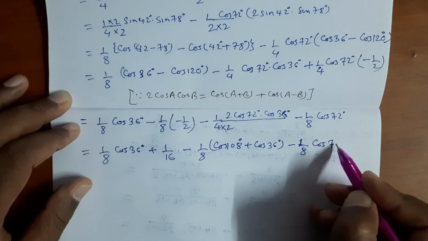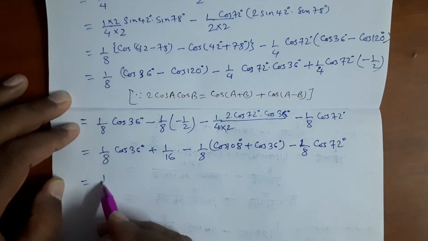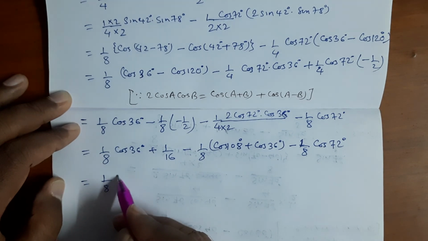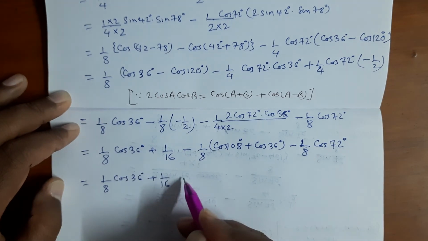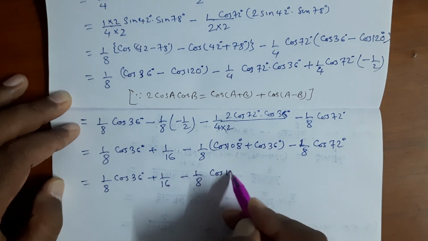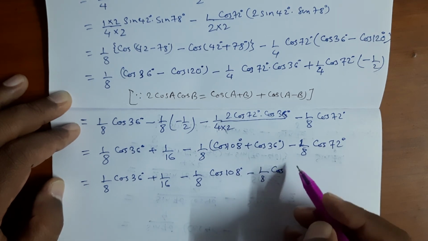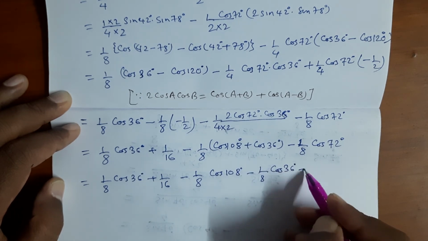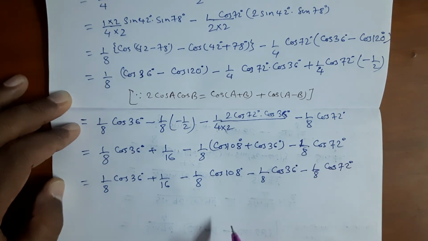cos 72 degree. Okay, so now here minus 1 over 8 cos 36 degree plus 1 over 16 minus 1 over 8 cos 108 degree minus 1 over 8 cos 36 degree minus 1 over 8 cos 72 degree.